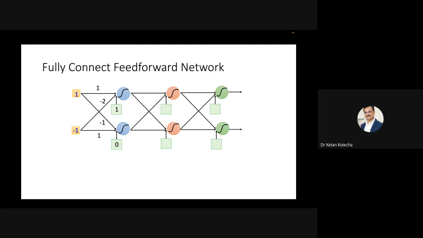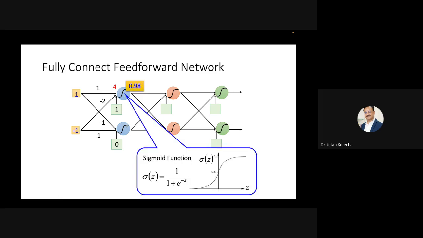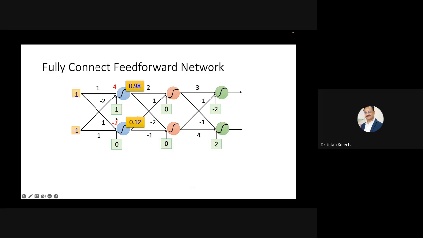Once you give a feature, it will do this multiplication, it will apply this nonlinearity and produce 0.98 as an output here, and 0.12 as an output here after operating the sigmoidal function, right? This is just a sum total. -2 is nothing but a weighted sum total. So likewise, it propagates, and then finally the outputs are produced.